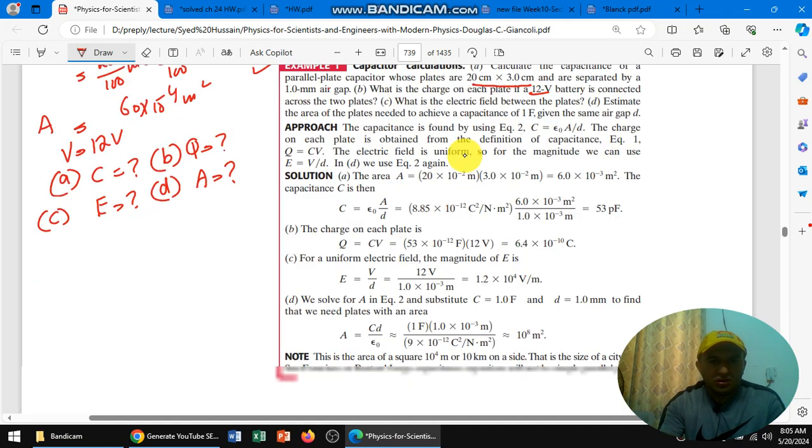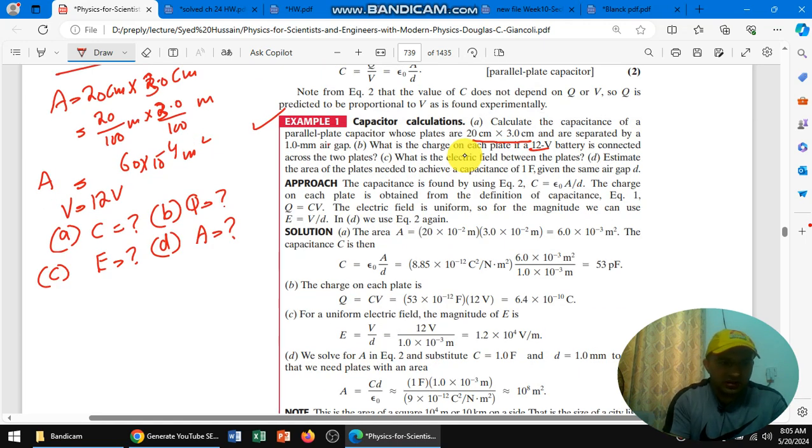In order to find the first part, capacitance, we use C is equal to epsilon naught A over D. We have the values.